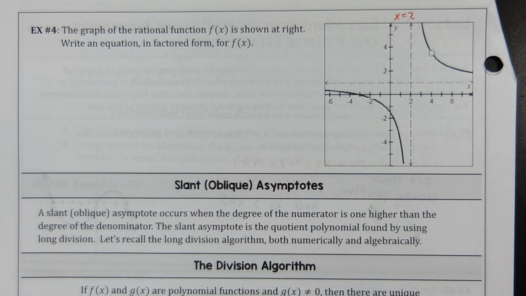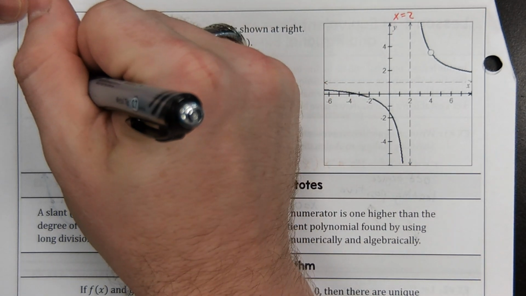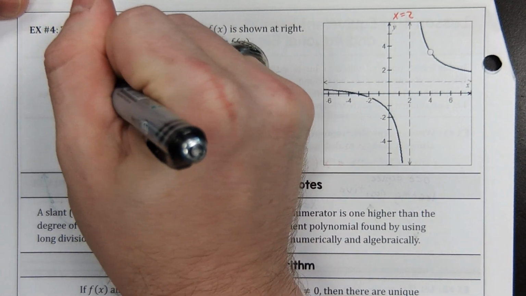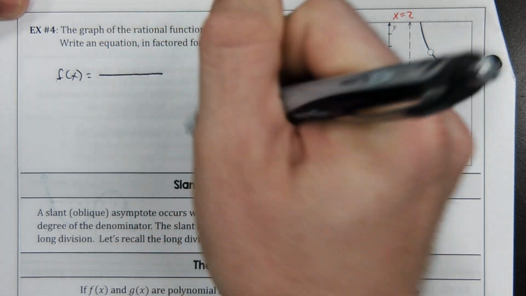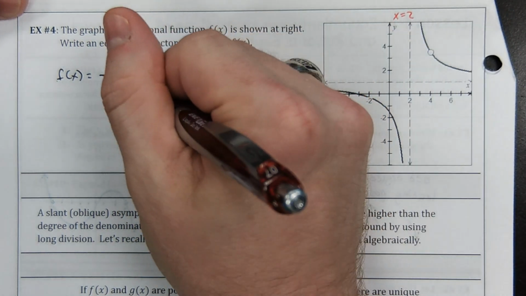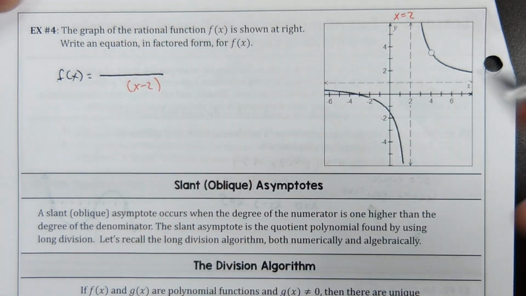That means it's also a zero of the denominator in its unsimplified form. Call this one f of x. Since 2 is a zero of the denominator, there's an x minus 2 in the denominator.